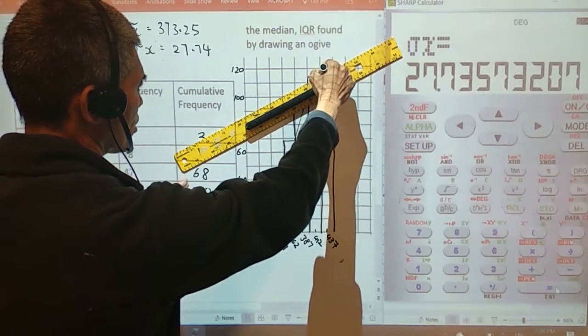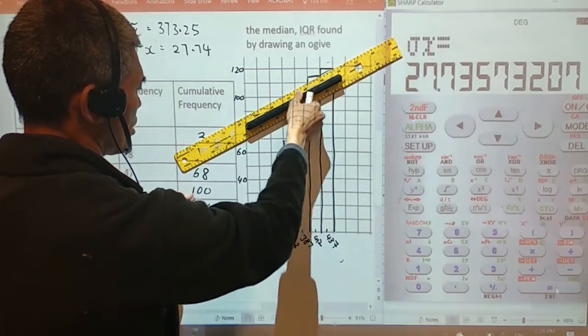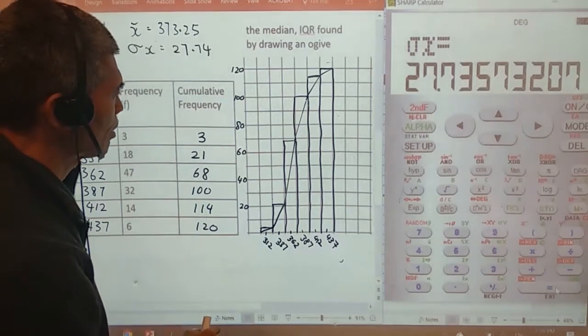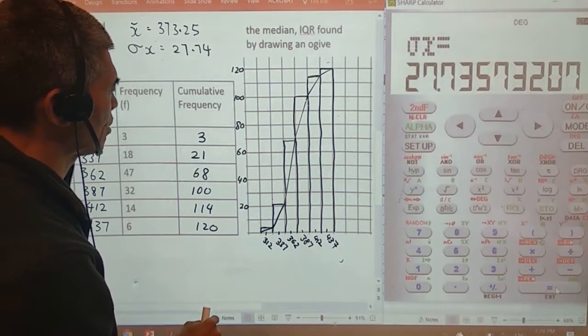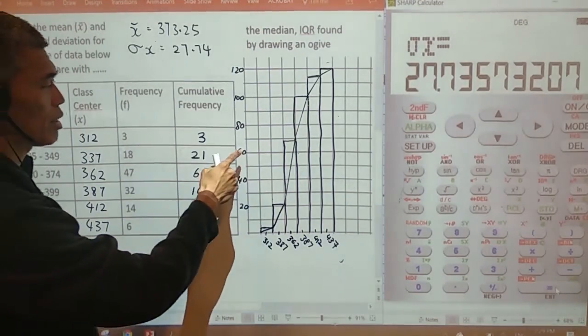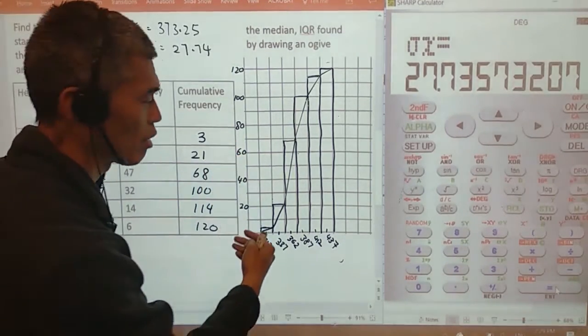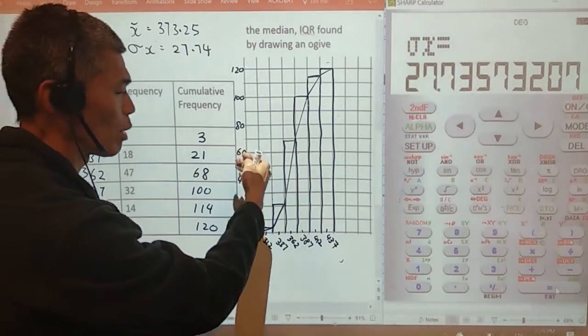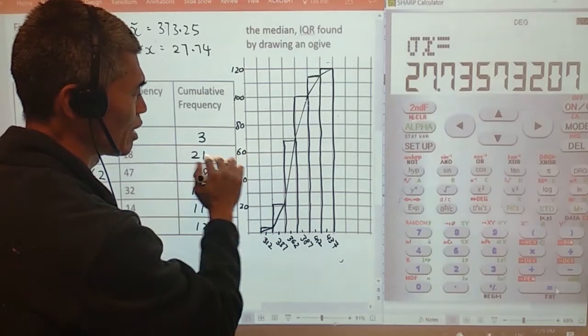Let's take a look. There you go. Now let's take a look at where the median is. The median is at 60. The median is the point where 50% of the population has a smaller height than that point.